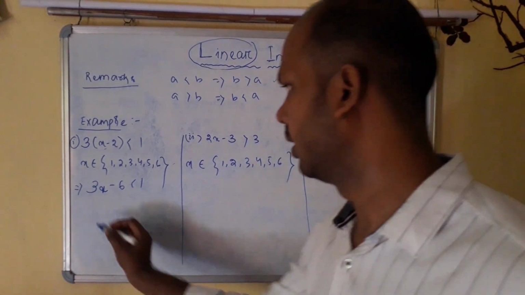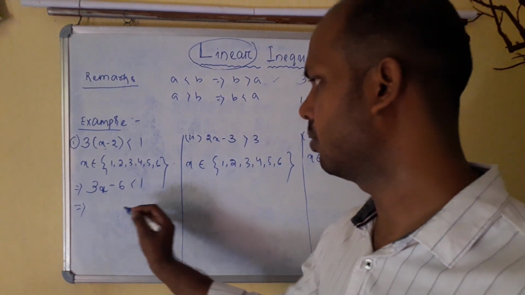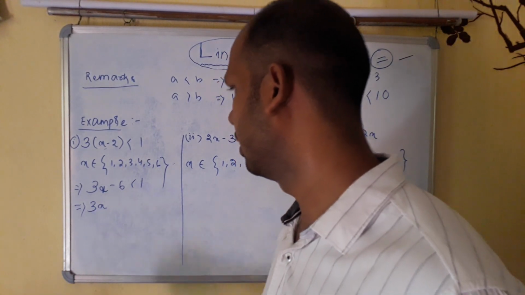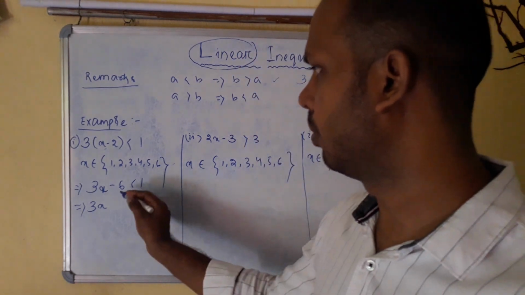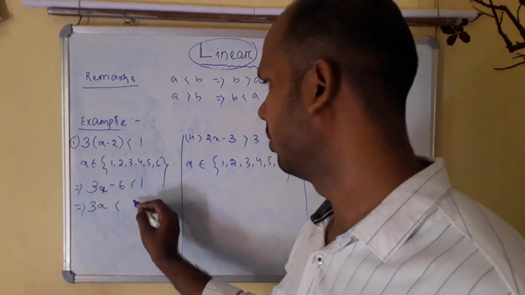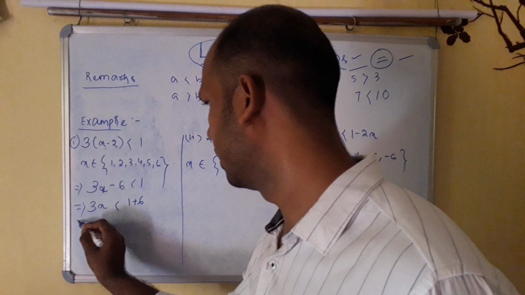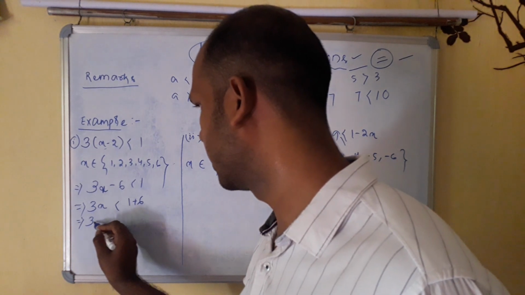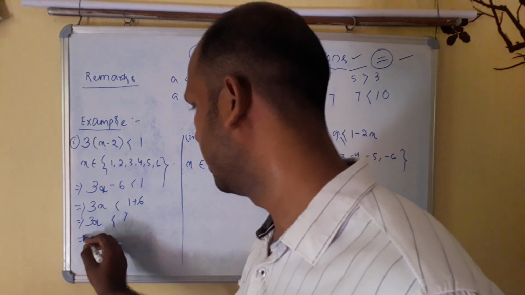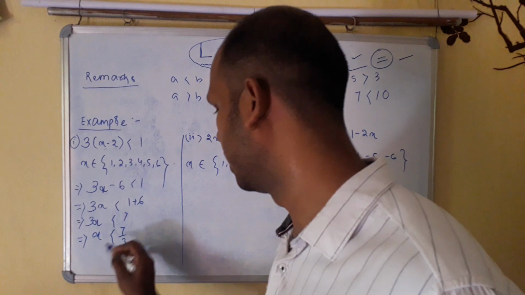Next, if I take minus 6 to the right side, or add plus 6 on both sides, it will be 1 plus 6. This implies 3x is less than 7, and x is less than 7 by 3.